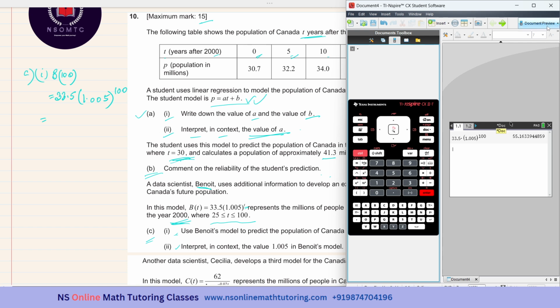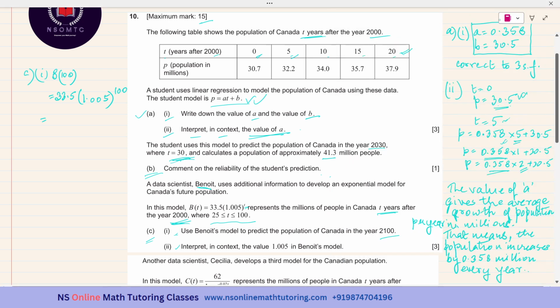Okay. 55.2 millions, correct to three significant figures.